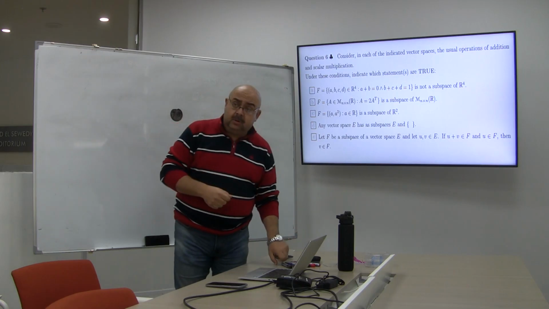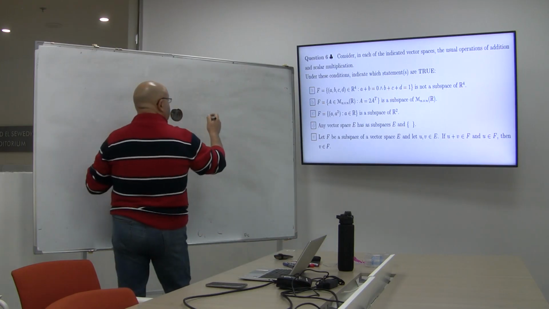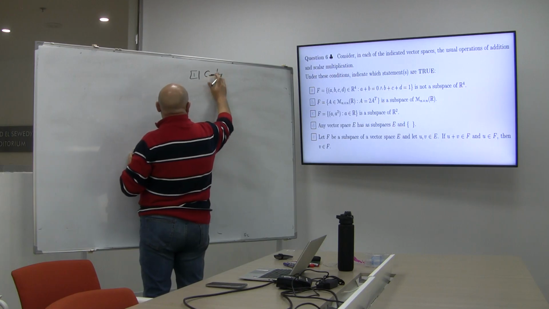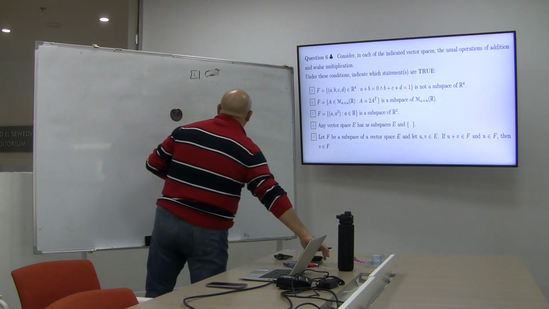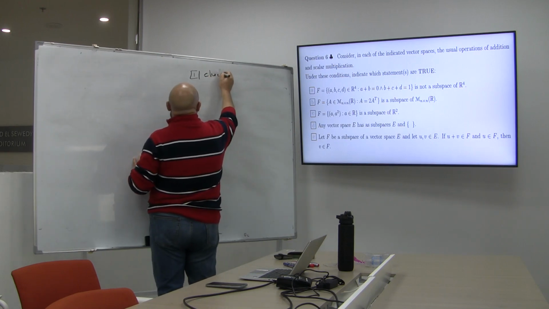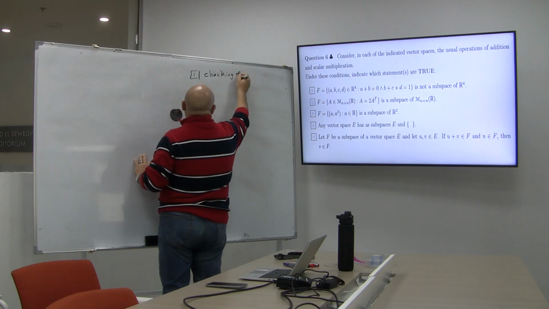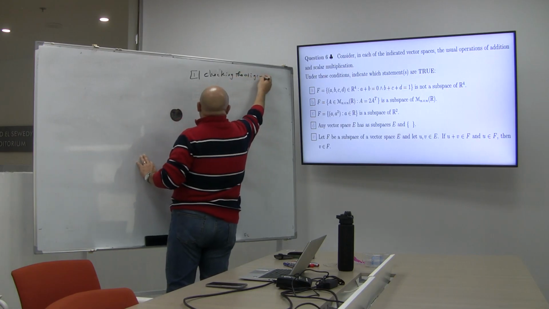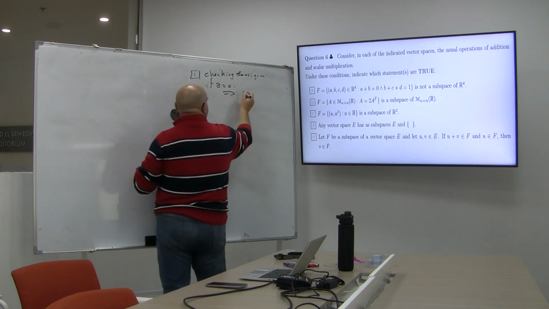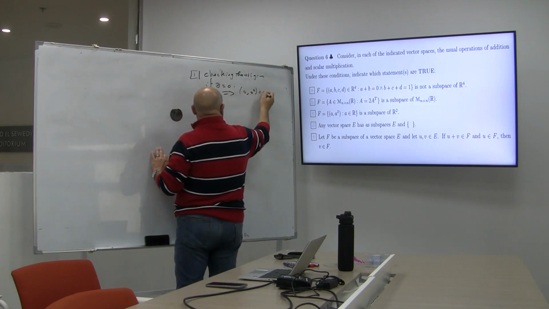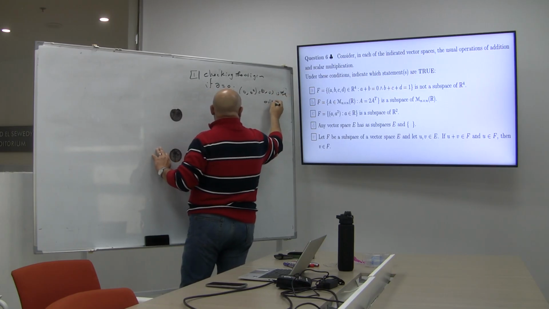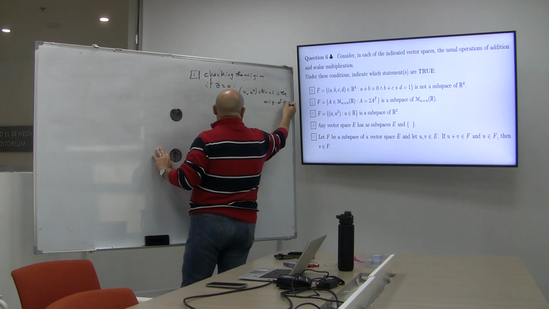It's very, very simple. Step number 1, in order to check a subvector space, I should check the origin. If A is equal to 0, this leads to 0 and 0 to the power of 2, which is 0, and 0 is the origin of R2.